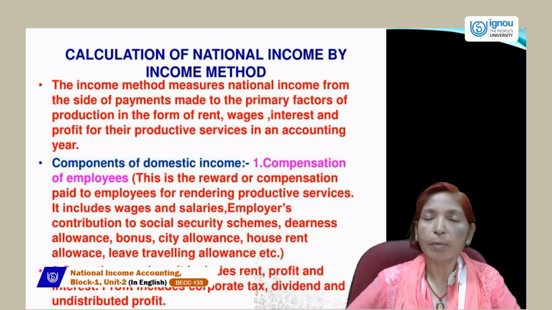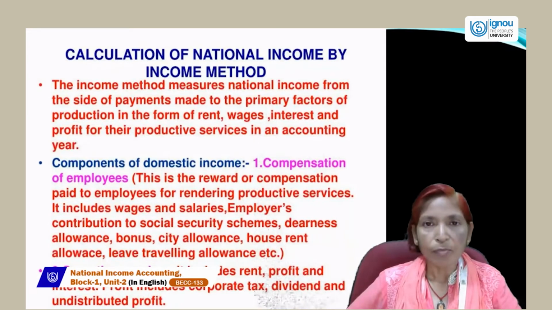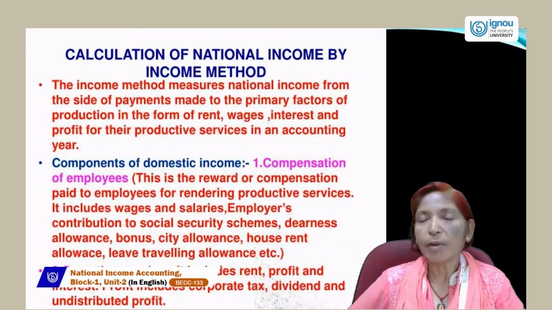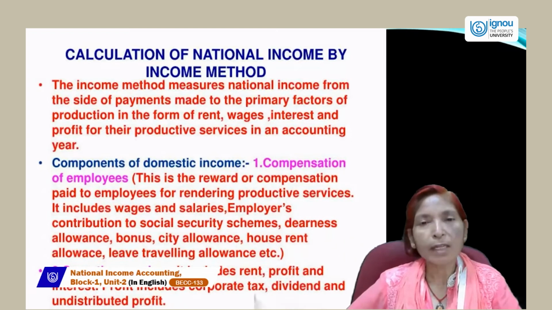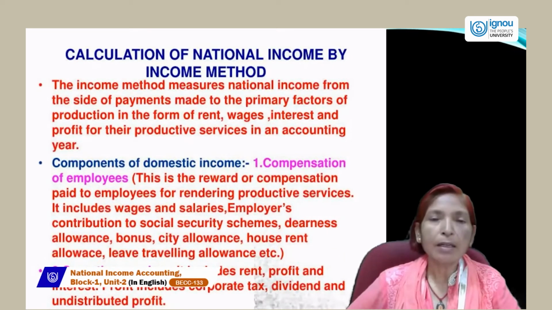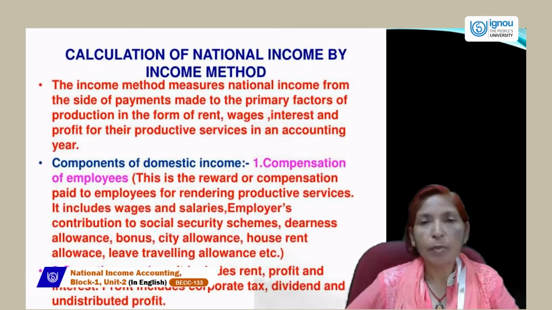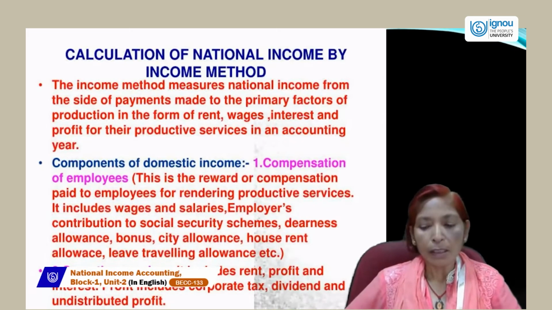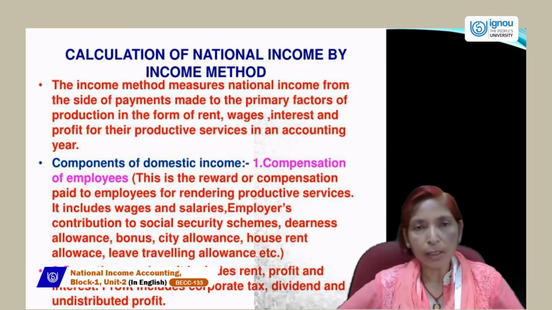Profit includes corporate tax, dividend, and undistributed profit. Profit is further subdivided into three parts. One is corporate tax. Corporate tax is profit tax. Undistributed profit is that profit which is not distributed by a company or a firm to the shareholders.